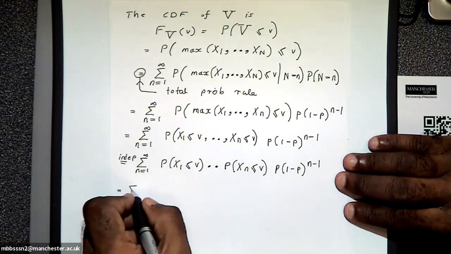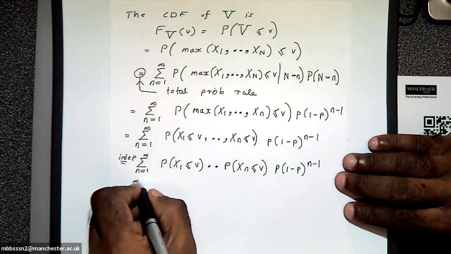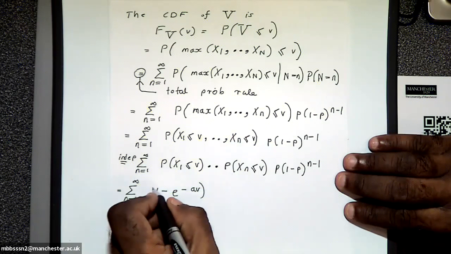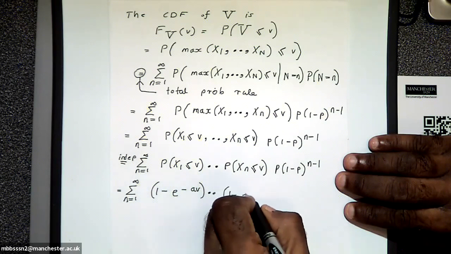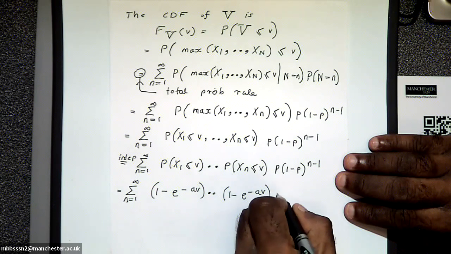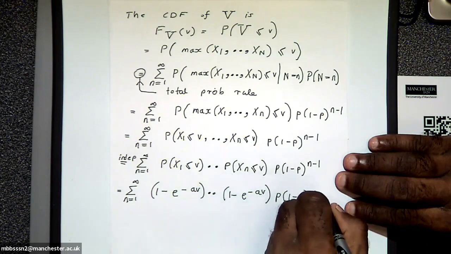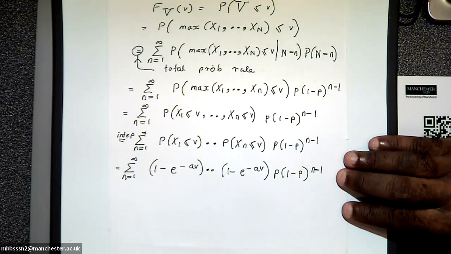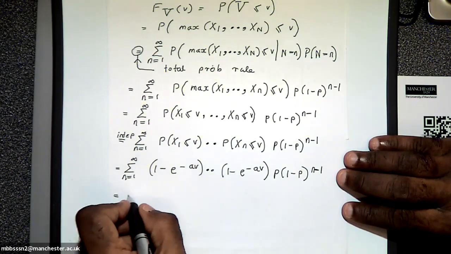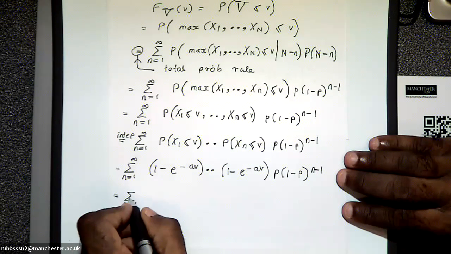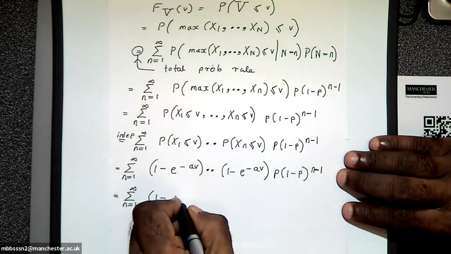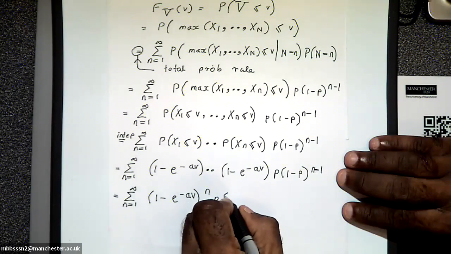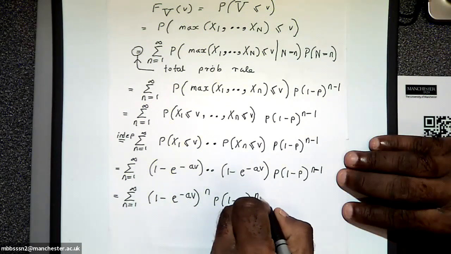So what you have is, this guy here is 1 minus e to the minus A times V. Okay, so this becomes this.